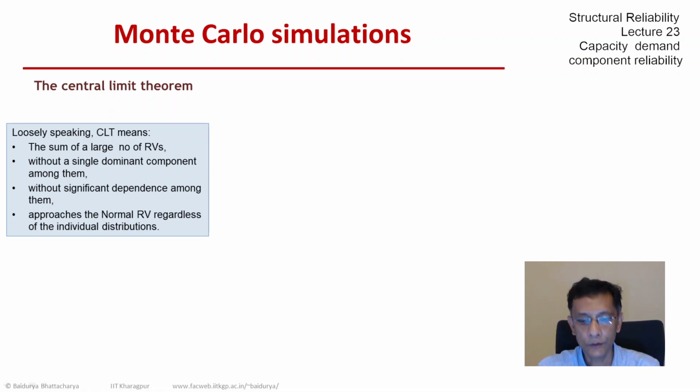Now it's time that we introduced the other great theorem, the central limit theorem. We also saw this earlier in this lecture in part A. To recap, basically if you add a good number of random variables that are not too dependent and that do not have a single very dominant component among them, then that sum would approach the normal distribution regardless of the individual nature of the distributions of the individual random variables.